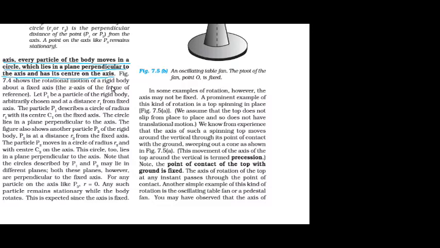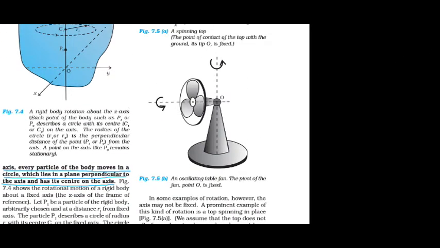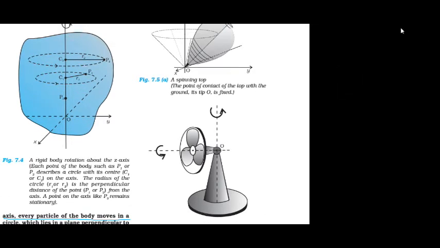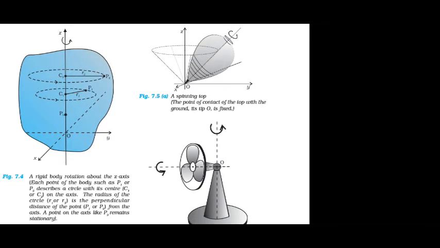Now figure 7.4 shows the rotational motion of a rigid body about a fixed axis, the z-axis. So let us see figure 7.4, where this is the x-axis, this is the y-axis, this is the z-axis.